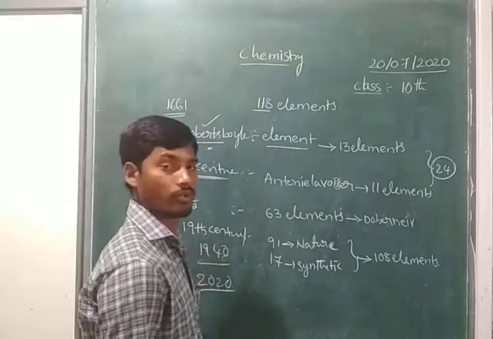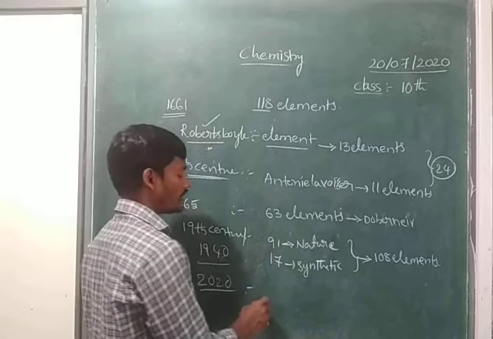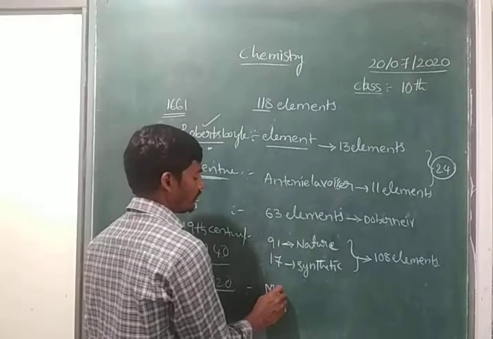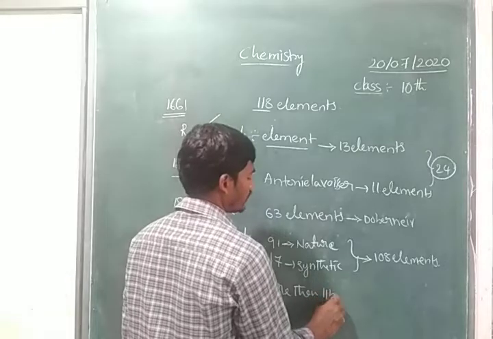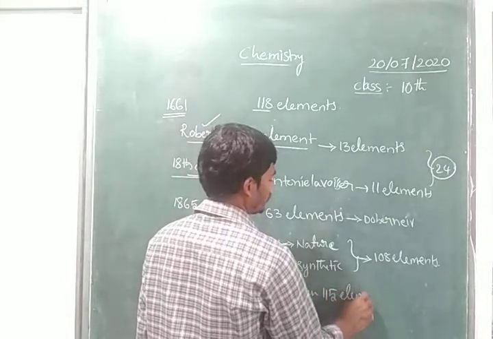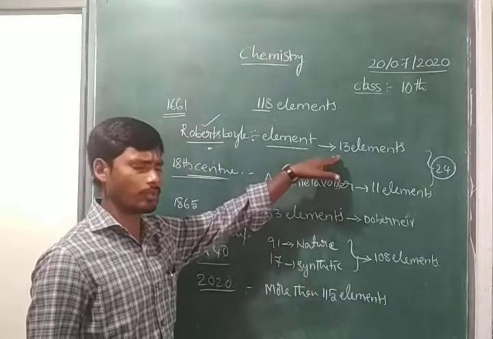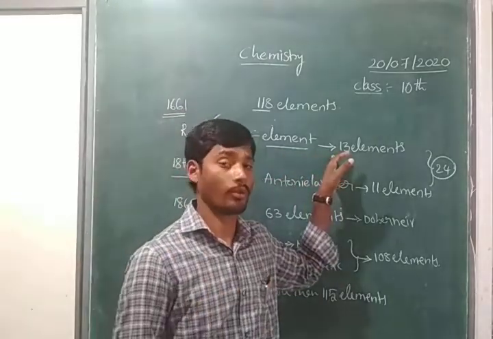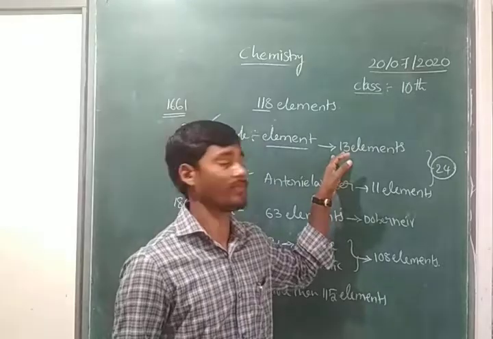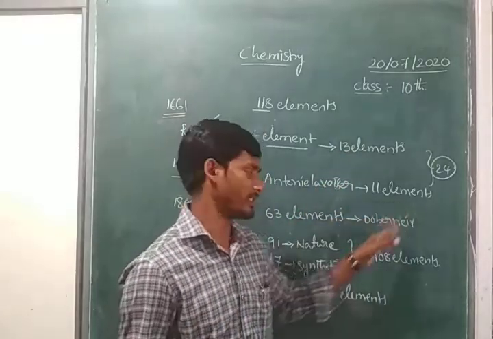Now coming to 2020, nowadays we have more than 115 elements, children, right? See here, if we have 13 elements, we can easily say their properties, which is easy for us. If we have only 24 elements, somewhat we can manage.